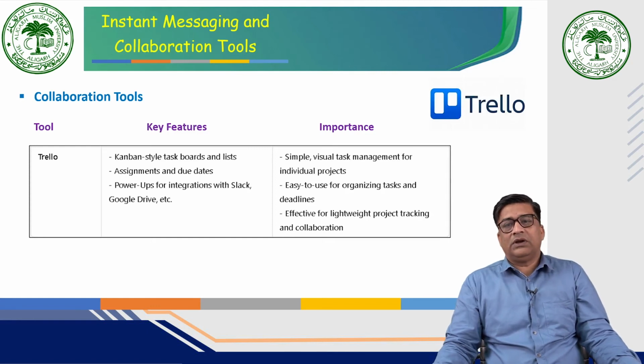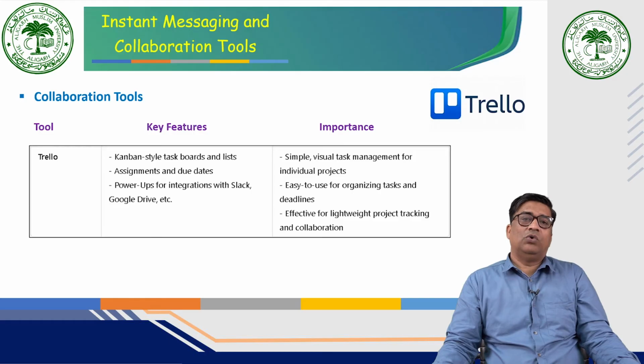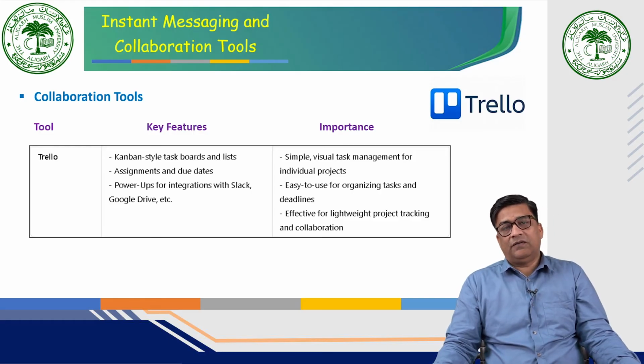The next example is Trello. This tool is simple and intuitive for task tracking, project management, and team collaboration. Teams can create different types of lists and cards to manage workflow. It is important because it's lightweight, easy to use, and flexible, making it suitable for both small teams and large organizations needing visual tracking.